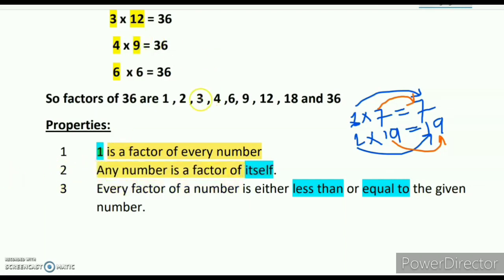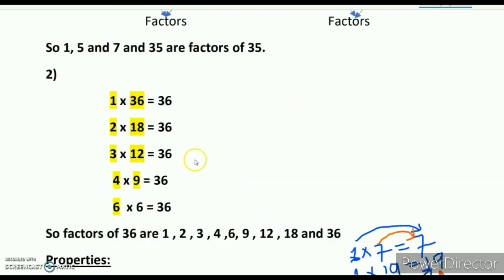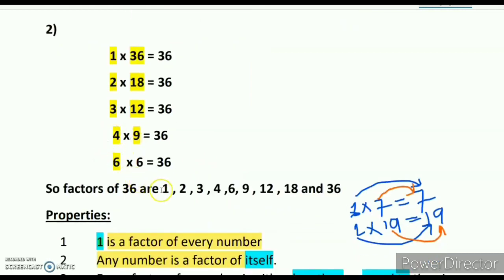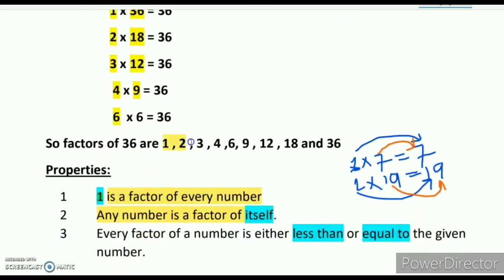Next, let's see, every factor of a number is either less than or equal to the given number. In the above example, we saw the factors of 36, children: 1, 2, 3, 4, 6, 9, 12, 18 and 36.